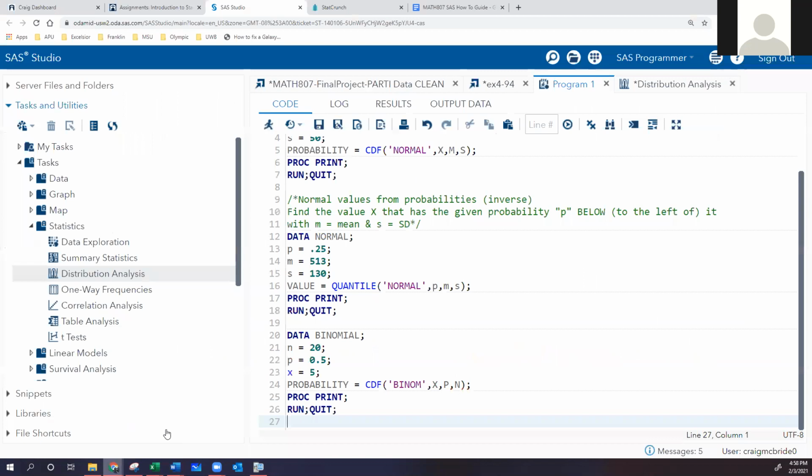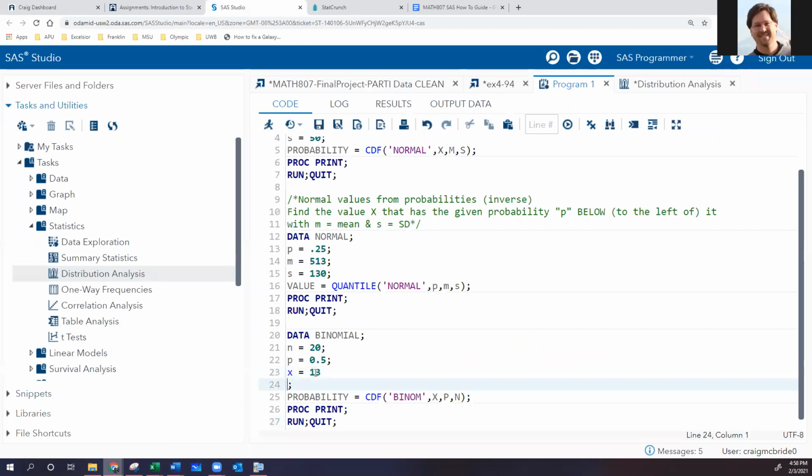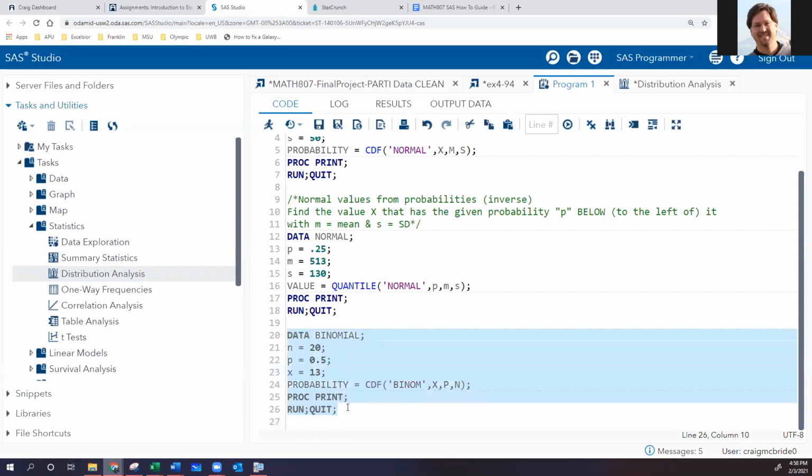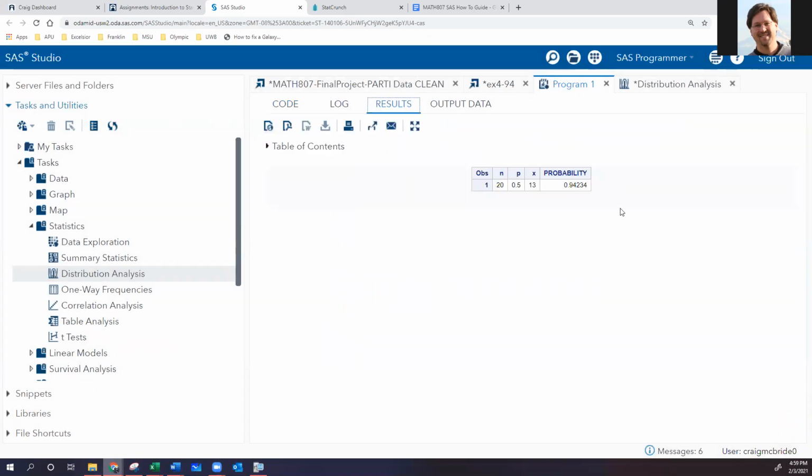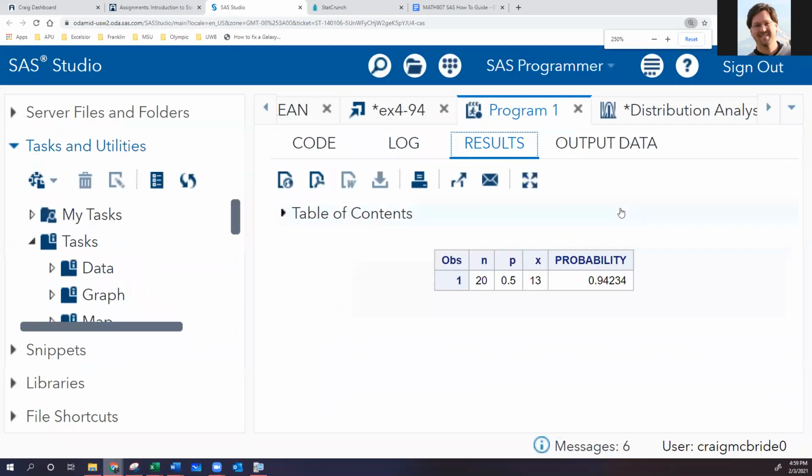And that's all you got to do, is first run this with a 13. And then run it with an 8, right? So I'll run it just once, just so we can see what the 13 gives us. So there's the probability of 0 through 13. Run the 0 through 8 and subtract it. That will give you the precise answer.